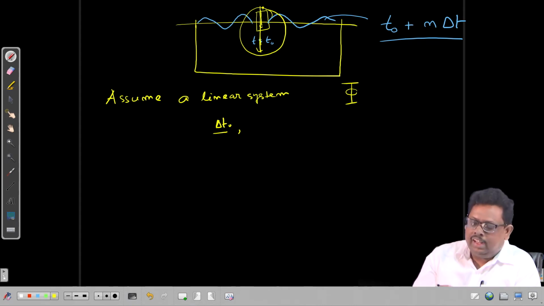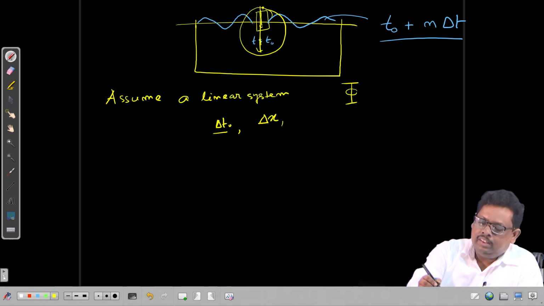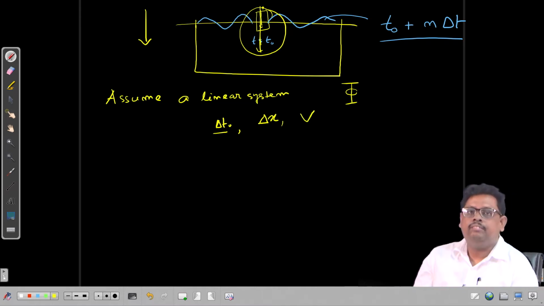Let us say I am doing some impulsive displacement, which is delta x, and I am throwing the stone or the ice cube into the water at a constant velocity v.